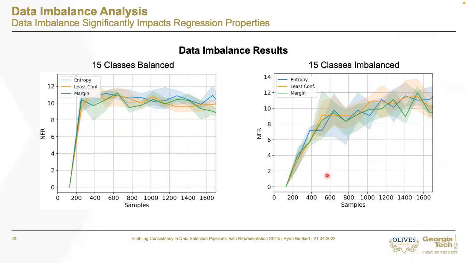What's also interesting is if you look at the beginning, in these ranges, for instance at 400, you will notice that the actual NFR value at 400 is lower than the value of NFR at 400 over here. Intuitively, this is because this data representation is severely imbalanced and may, for instance, not contain all of the classes in very early rounds.